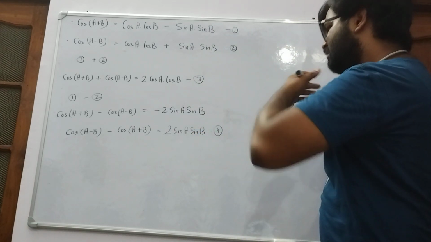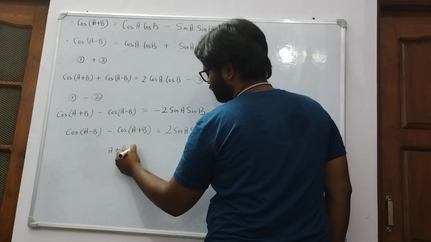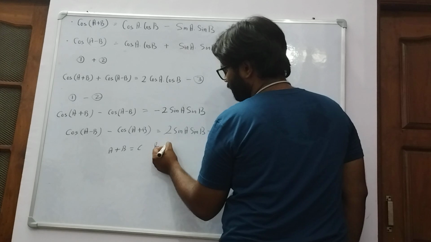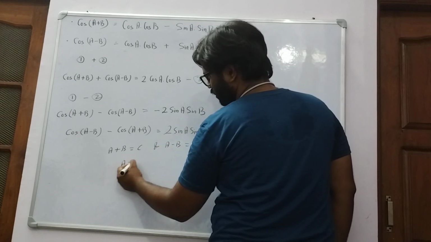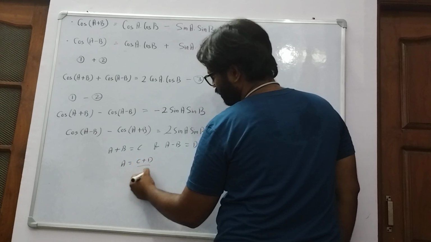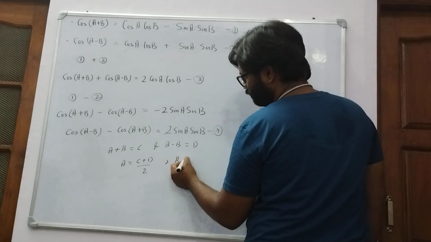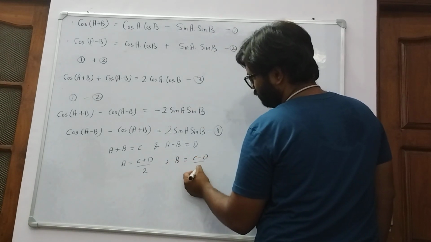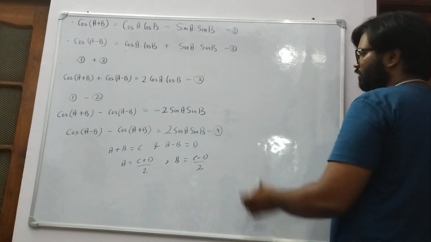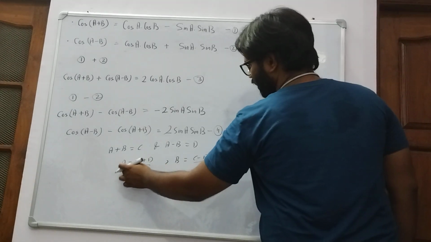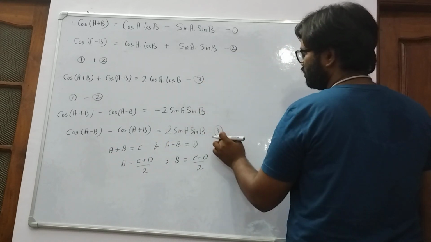Now again same logic, that is, let's say A plus B is equal to C and A minus B is equal to D. So from here again we will get A is equal to (C plus D) by 2 by adding these two, and we will get B is equal to (C minus D) by 2 by subtracting these two. Now we will simply put the values of A, B and A plus B and A minus B in equation number 3 and equation number 4.